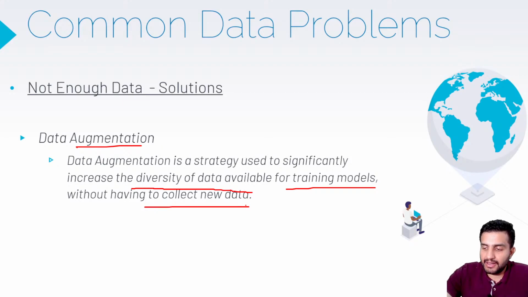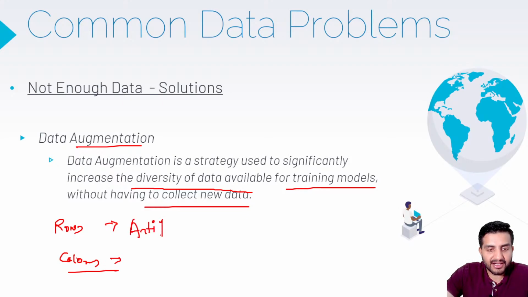So this step involves multiple things. First, again, look from the rows as well as from the columns perspective. So for rows, in data augmentation, we can artificially generate the data points.